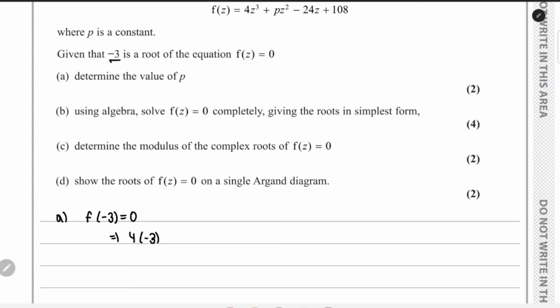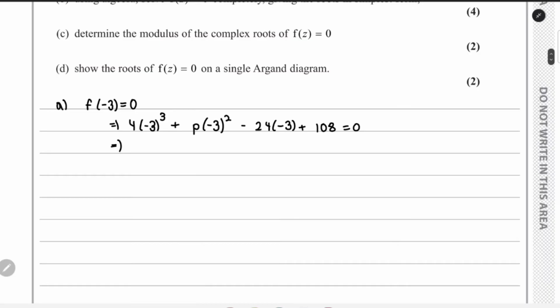Put in minus 3 instead of z. I'll have 4 times minus 3 cube plus p times minus 3 square minus 24 times minus 3 plus 108. This will be equal to 0 since minus 3 is a root.